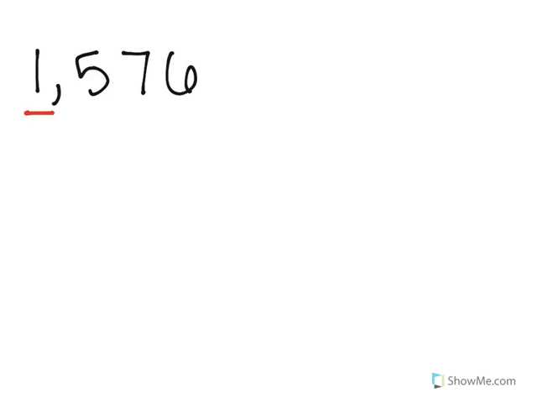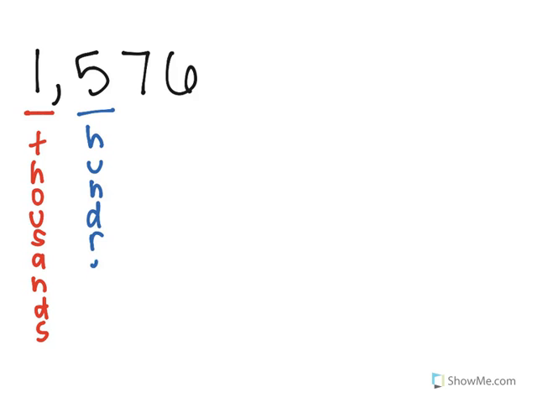This one is in the, call it out if you know it, it's in the thousands place. Okay, 5 has a place. What's the place for that? Call it out if you know it. It's in the hundreds place. 7 also has a place.